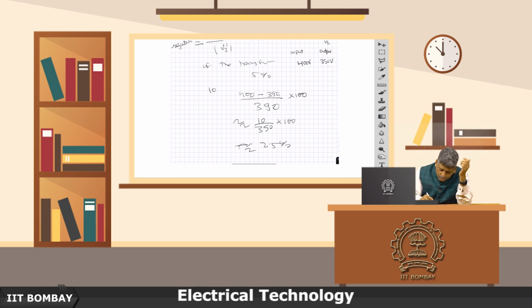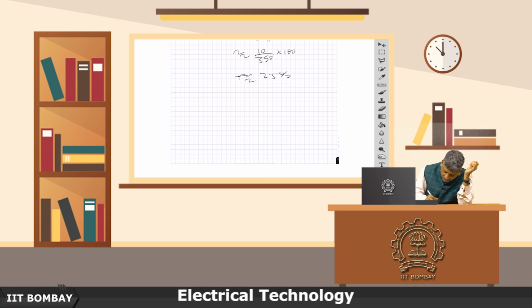The reason for not using 400, but using 390 in the denominator, is this. Suppose the output becomes only 200 volts and I use 400 volts. Let us say I got a drop in voltage, something extreme, of 200 volts, then I would say voltage regulation is 50%. But if I use 200, then I will say that voltage regulation is 100%.